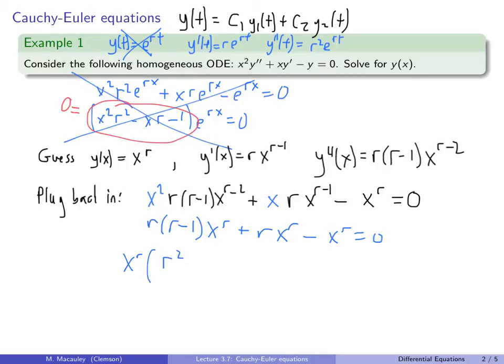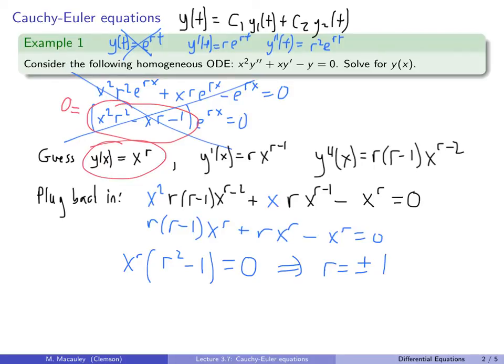We have minus r plus r, so those cancel, minus 1. So r squared minus 1 equals 0. In other words, r equals plus or minus 1. That means we have a solution of the form x to the r.